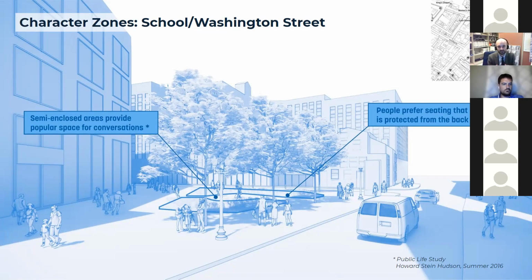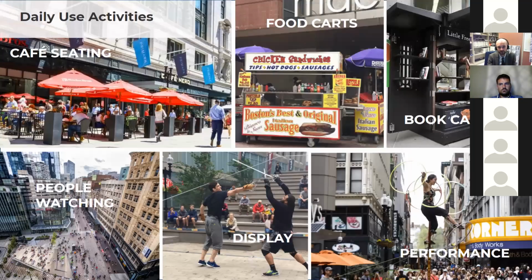Again, we're not at this stage proposing any major changes at any of these places. We just want to recognize that each one has its own characteristics and possibilities, and recognize that in our thinking about the project. Ultimately, we want whatever designs we put forward to support all those positive activities that are already happening in the district today, whether that's more passive uses like people watching or sitting for a coffee or a snack, or more intentional programming of the space like performances.